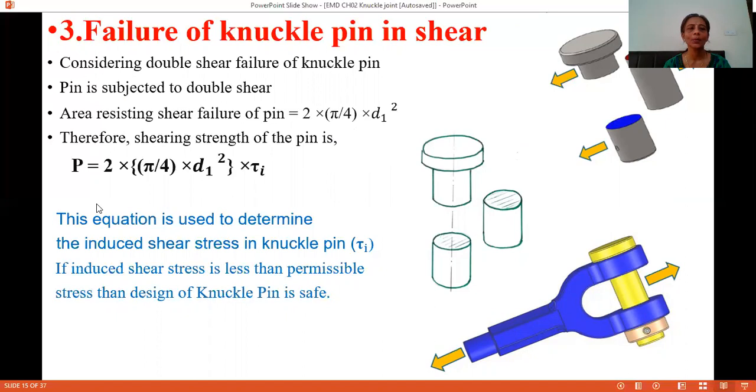And the strength equation is T is equal to 2 into pi by 4 d1 square into tau induced. From this equation, we will find the tau induced value, and for safe design of pin, it should be less than the permissible value.